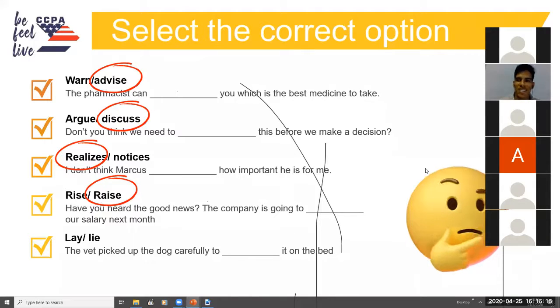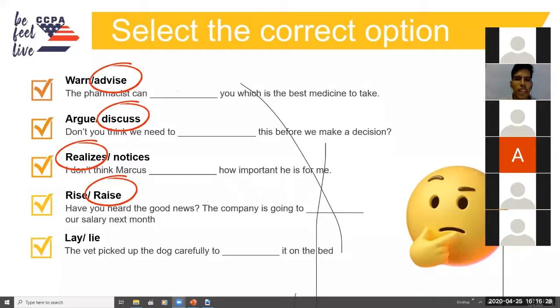All right. Let's continue. Lay versus lie. The vet picked up the dog carefully to lay on the vet. Any volunteers? Okay, Nilsa Lescano, go ahead.